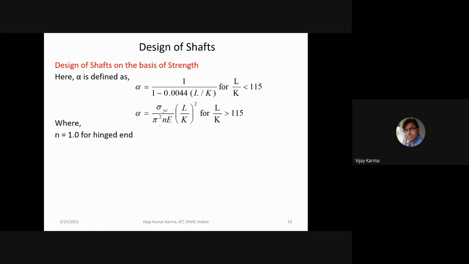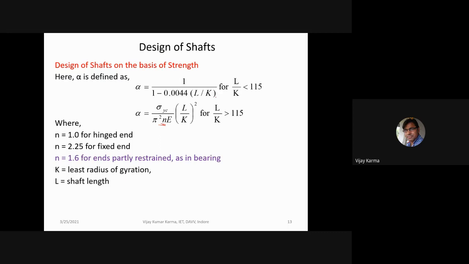N depends on the type of support: N equal to 1 for hinged ends, N equal to 2.25 for fixed ends, and N equal to 1.6 for ends partially restrained, as in bearings. K represents the least radius of gyration, L represents the shaft length, and sigma YC represents the yield stress in compression.